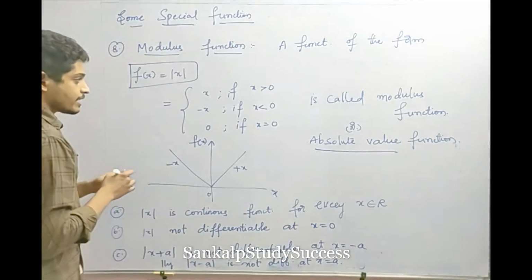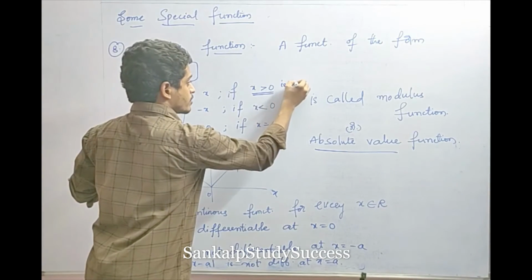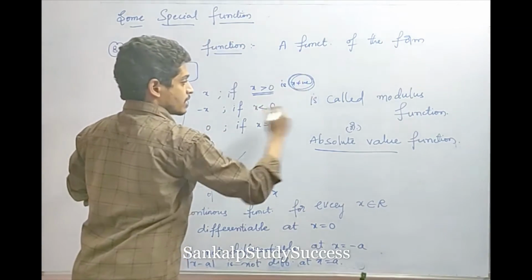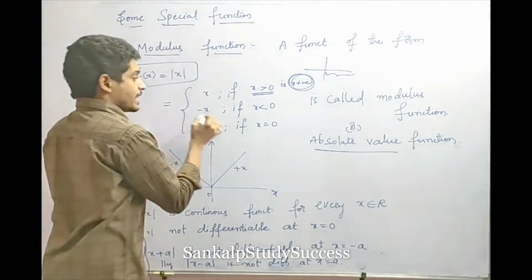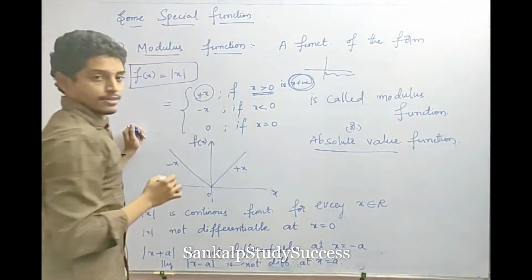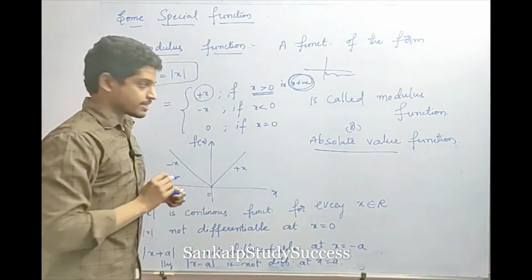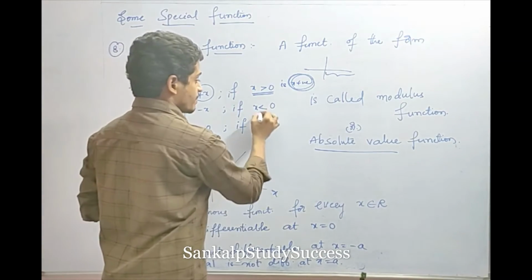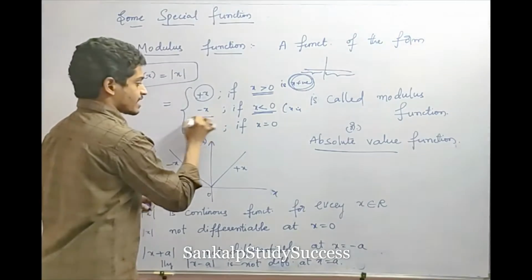See, the format is, for example, if x is greater than 0, that is, if x is positive, the values are positive on the x-axis after 0, then it has plus x. That means the slope is positive, and that means it is an increasing function, a linearly increasing function. If x is less than 0, that is, x is negative, the slope is negative, that is minus x.